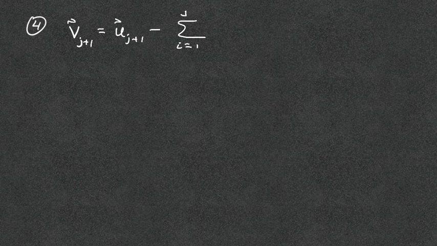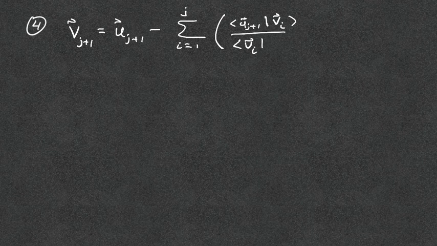So again, what do we do for our next step for defining our v sub j plus 1 equal to our u sub j plus 1 minus the sum, i goes from 1 up to j, of those projections. So we take u sub j plus 1 inner product with our v sub i's and divide that by the inner product of v sub i with itself, times our v sub i.